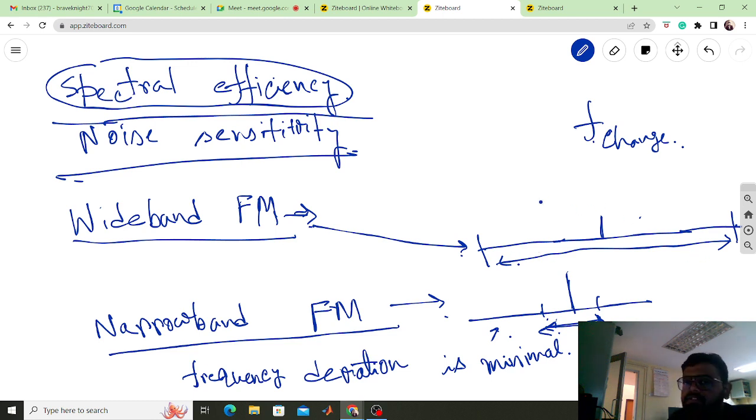The second point is noise sensitivity. So as we are using this narrowband FM, suppose noise is affecting particularly, and interference is also happening in this particular region. But for here, the deviation is very much high. So if the same noise is affecting at a higher rate in this region, it will have a greater performance.